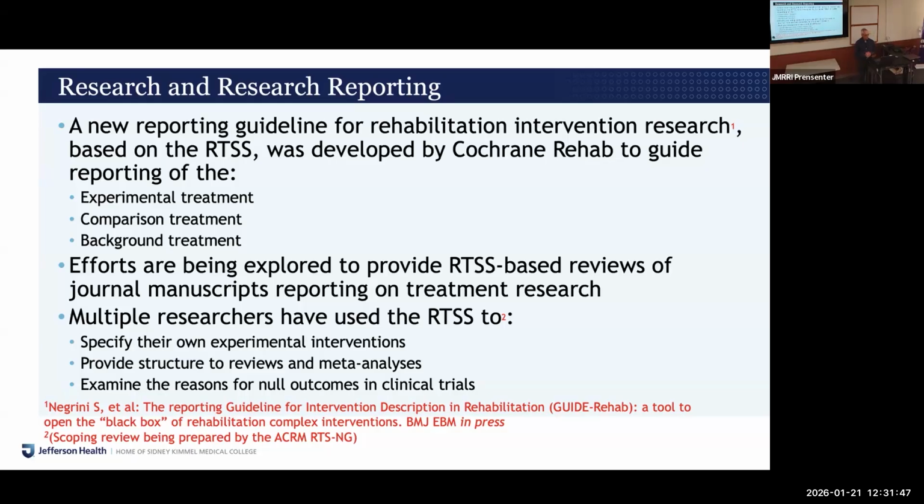And we're also exploring the possibility of having a group of RTSS expert article reviewers working in the editorial system of these journals who will provide specific feedback on treatment articles about how you could more closely meet the descriptive requirements of the GUIDE-Rehab.